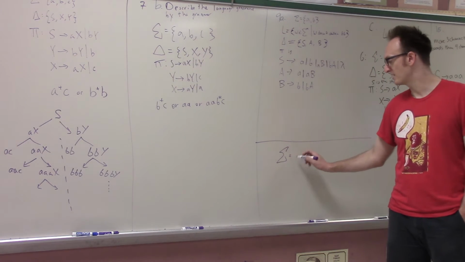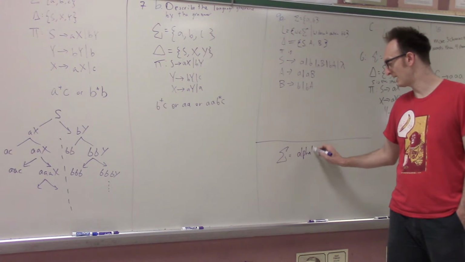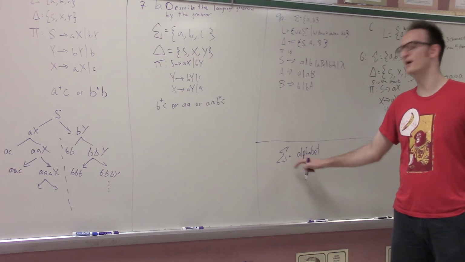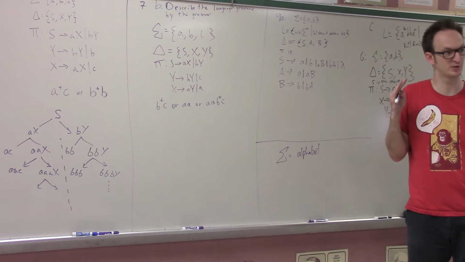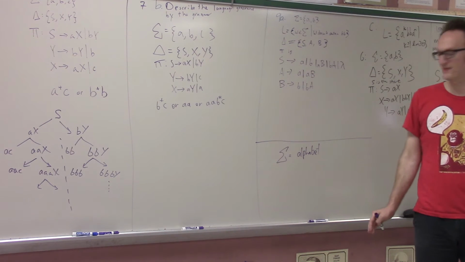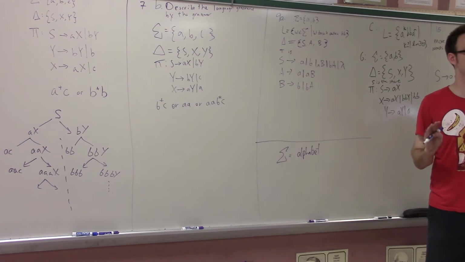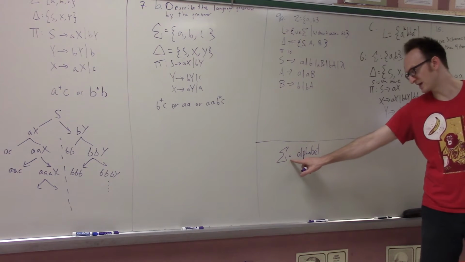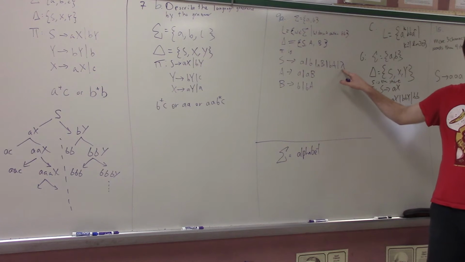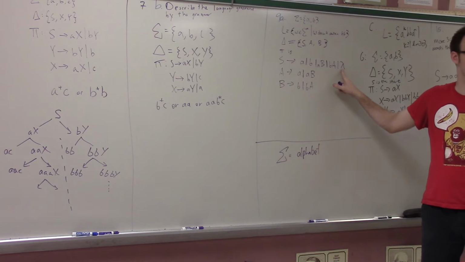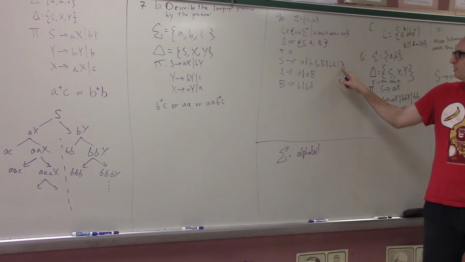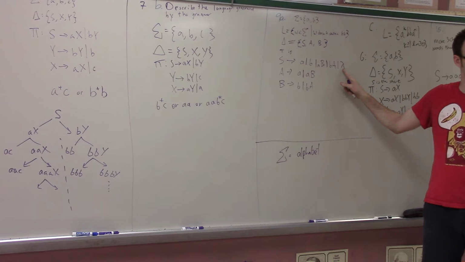I think we should call this set the alphabet, and that is the set of characters which may appear in the string. Then I think the terminal symbols are necessarily all of these things plus this symbol, because that's what's needed to explain the grammar. This is a symbol which represents the null string.